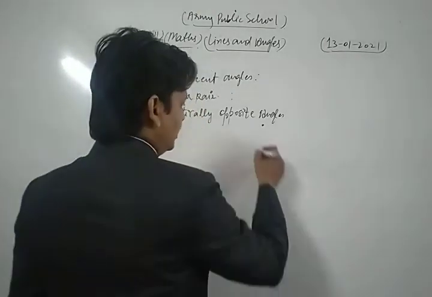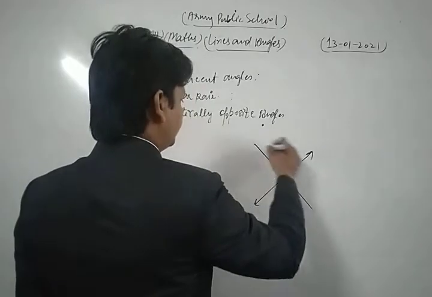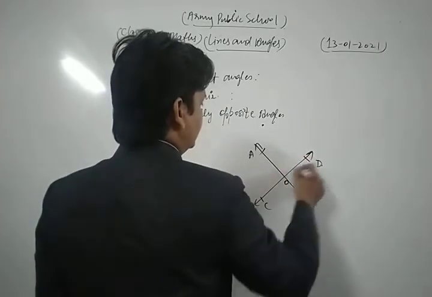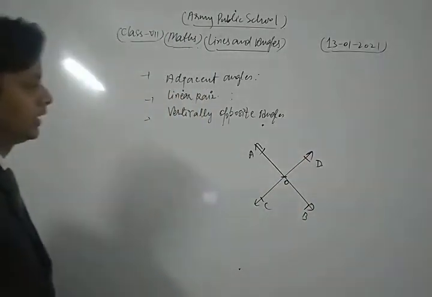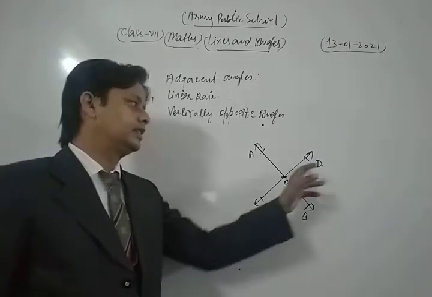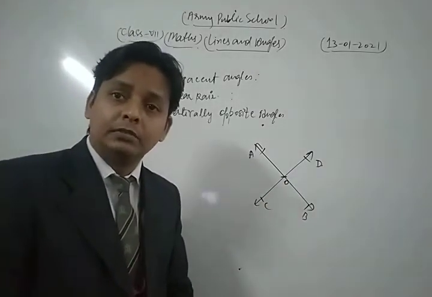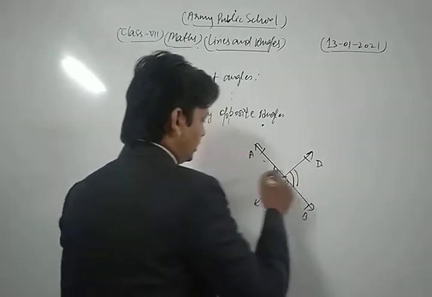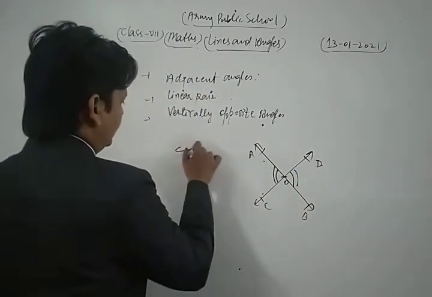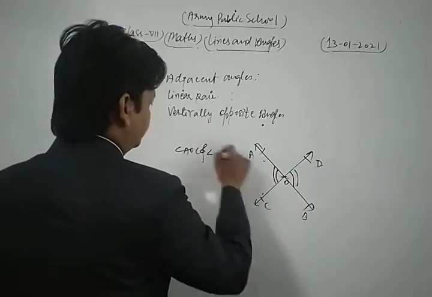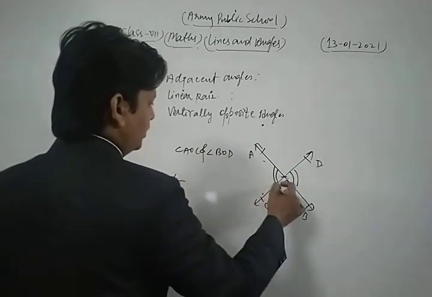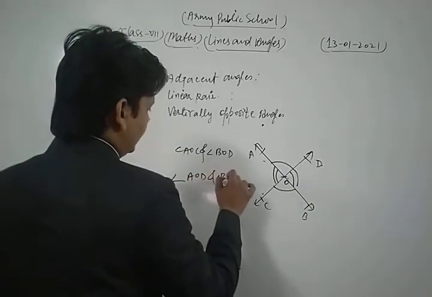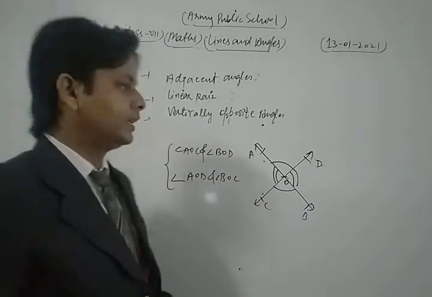Suppose two lines AB and CD intersect at point O. Then the vertically opposite angles are the pair angle AOC and angle BOD, and the pair angle AOD and angle BOC.